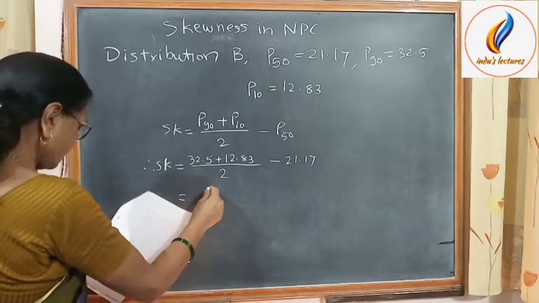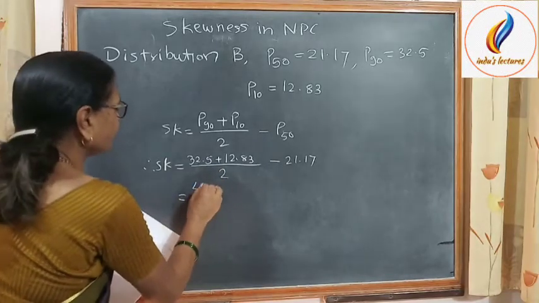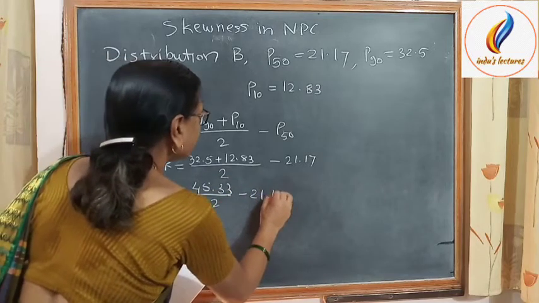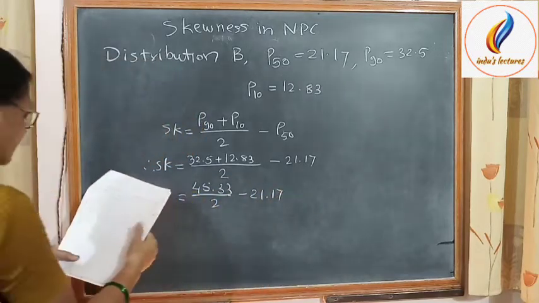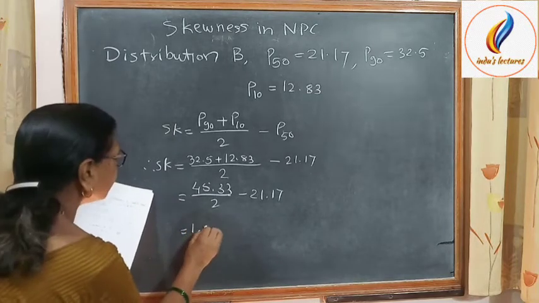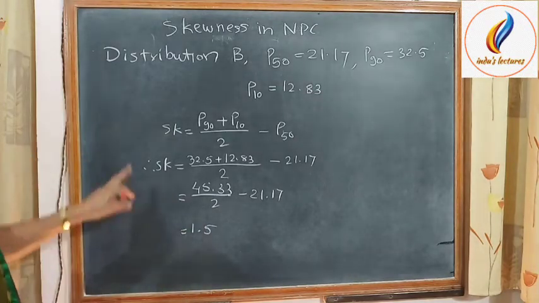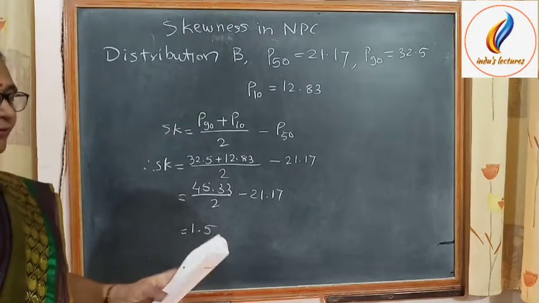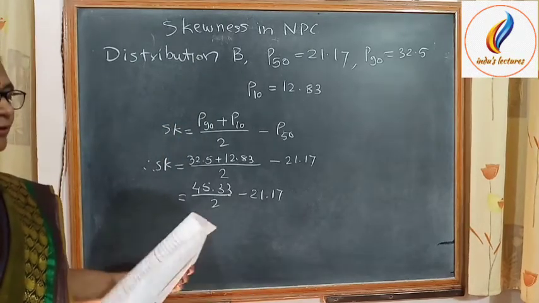Now here we get 45.33 upon 2 minus 21.17 and finally we get 1.5. That means skewness of the distribution B is 1.5. In this way we can calculate the skewness.